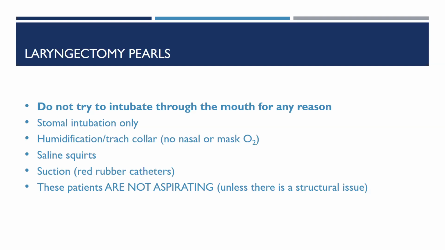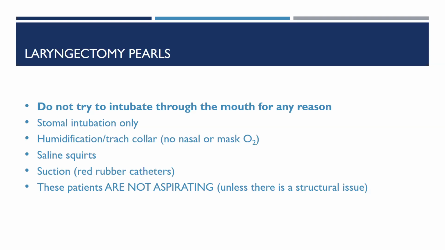The other thing, we talked about suction already, using gentle red rubber catheters. And the other common misconception is that these patients can aspirate. Now, there is a possibility of a structural issue, a little fistula through the posterior wall of the trach, and a connection with the esophagus that way.